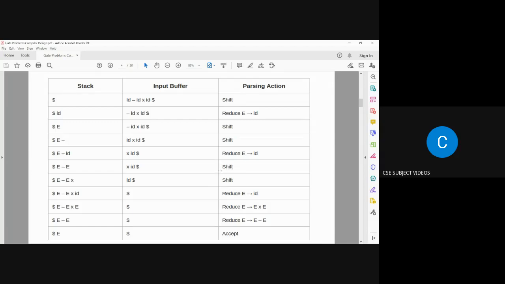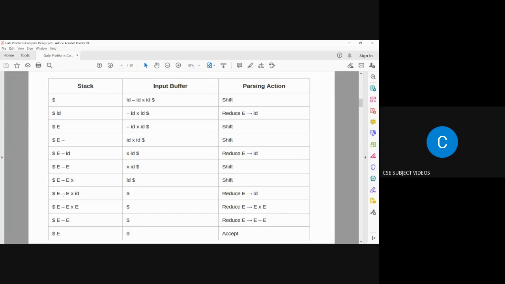So for the shift operation we mention it in the parsing action, and then we are shifting the into symbol from the input to the top of the stack. Now the stack already has dollar E minus E into, and the remaining input symbols are id dollar. With this we again have to shift id, the last symbol of the input buffer, to the top of the stack.